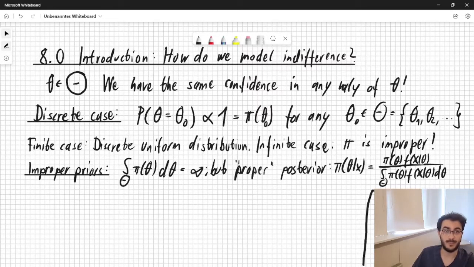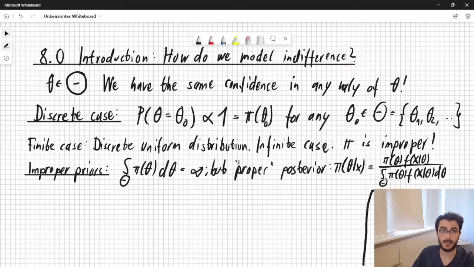So we can use this rule to derive a posterior. However, it's not an actual posterior in the usual sense, just because our prior is not an actual prior in the usual sense. There's going to be many rules that hold in usual probability theory that these improper priors are going to break, and they're going to break them heavily.